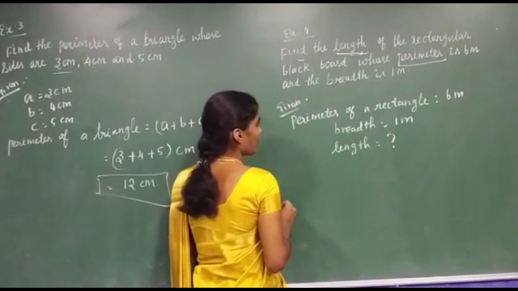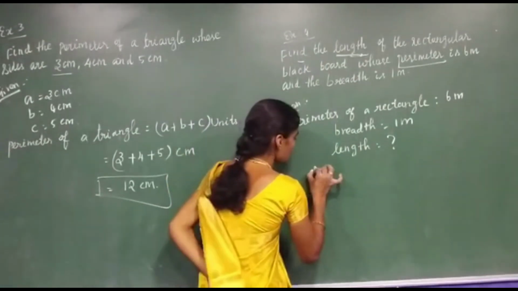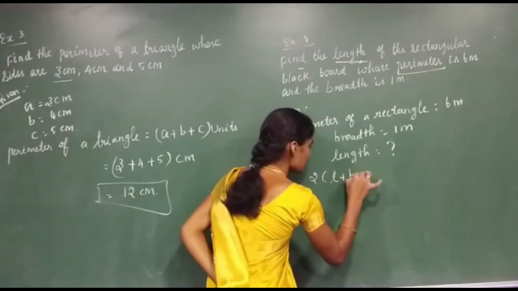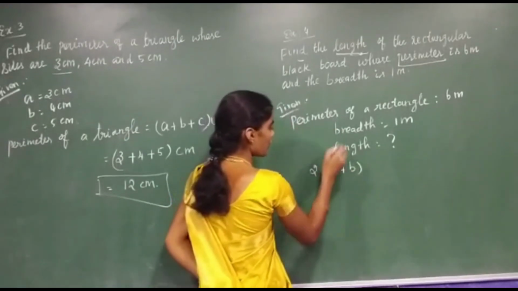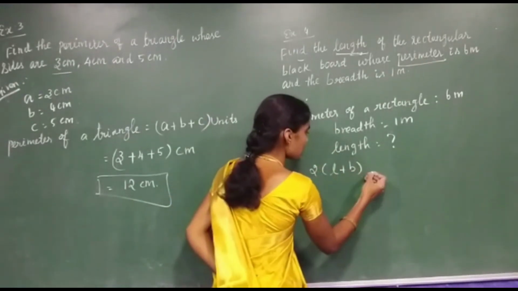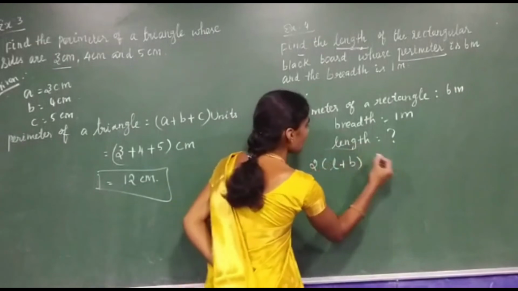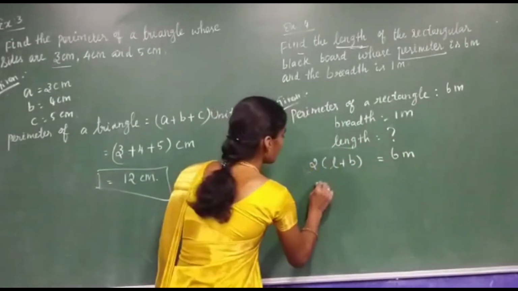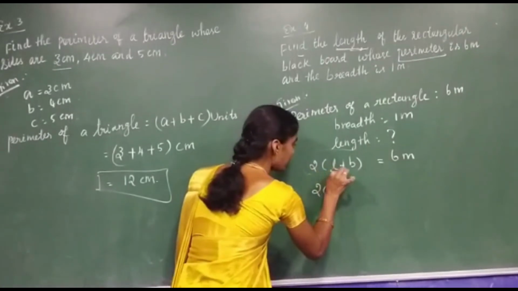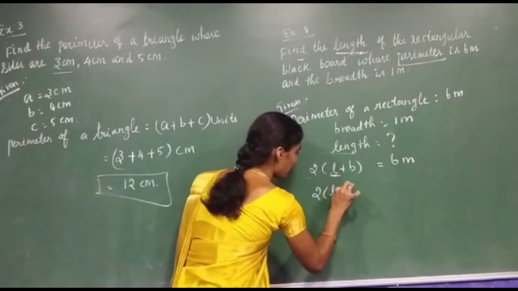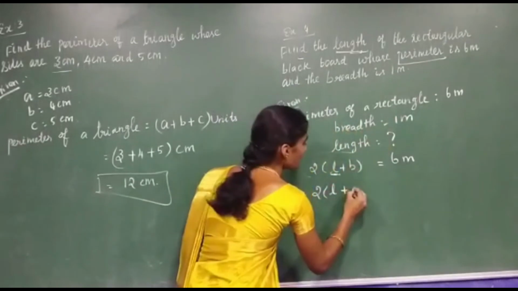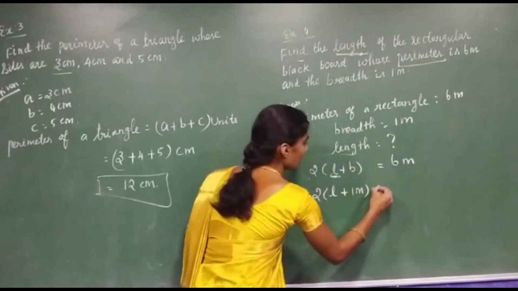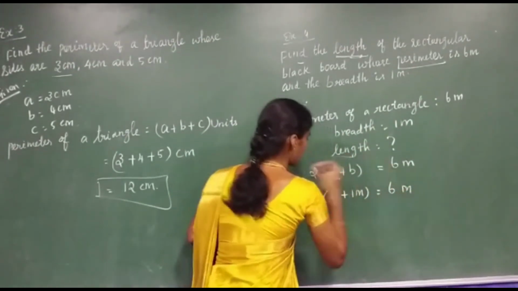What is the formula for the perimeter of a rectangle? Yes, 2 into (L plus B). The total perimeter they gave is 6 meter. Here 2 into, we want to find the length value. So length plus, they gave the breadth also, 1 meter, equal to 6 meter.